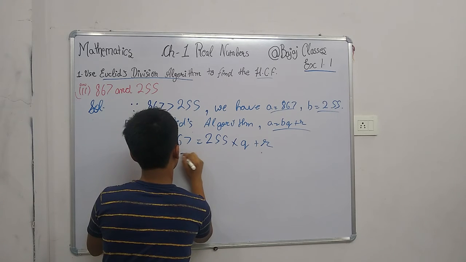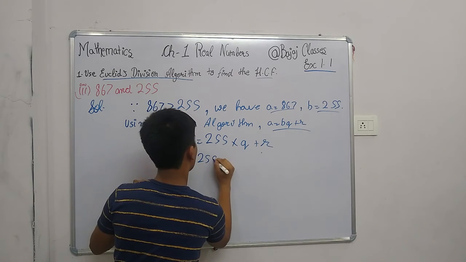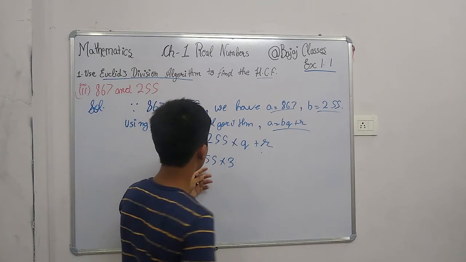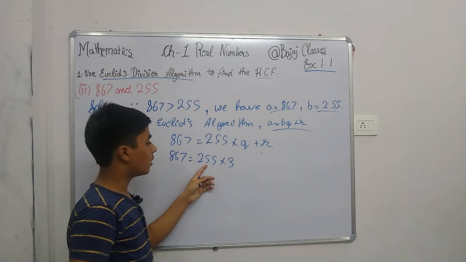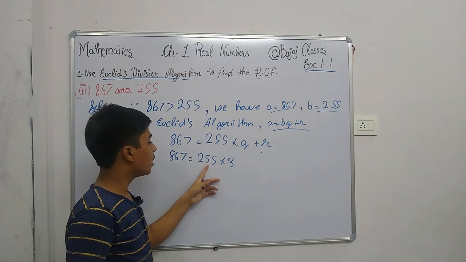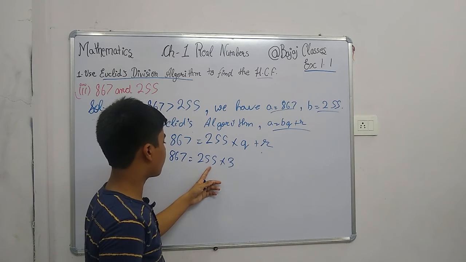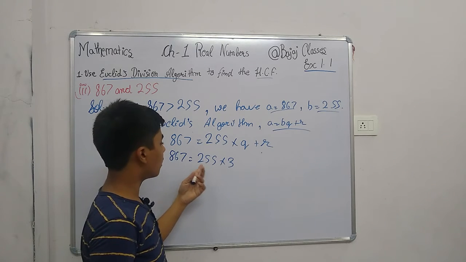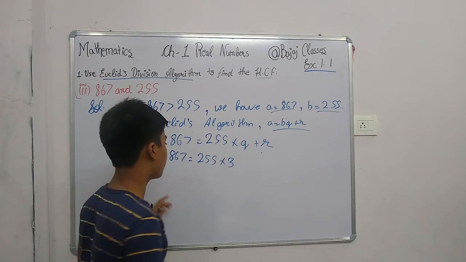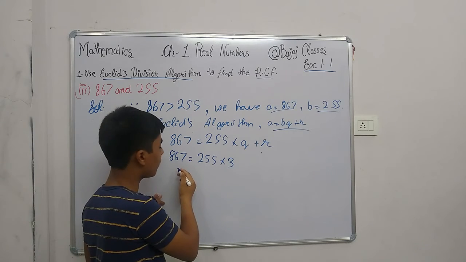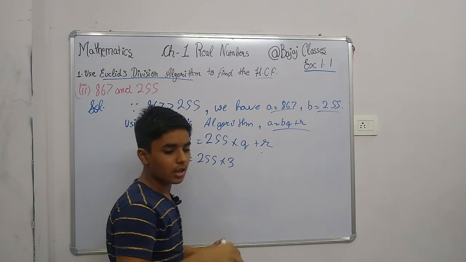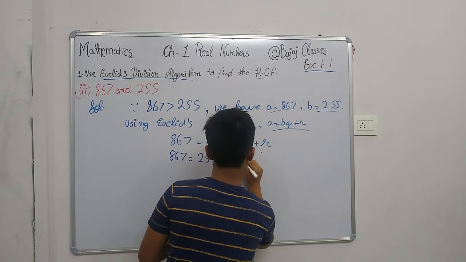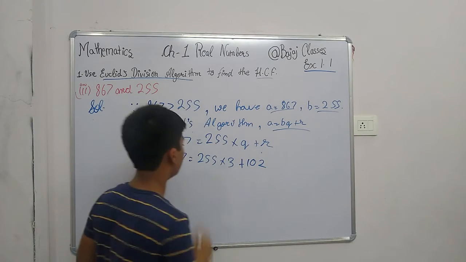So 867 equals 255 into 3 plus R. 255 into 3 is 765. Subtracting 765 from 867, the answer will be 102. So 102 will be our remainder.